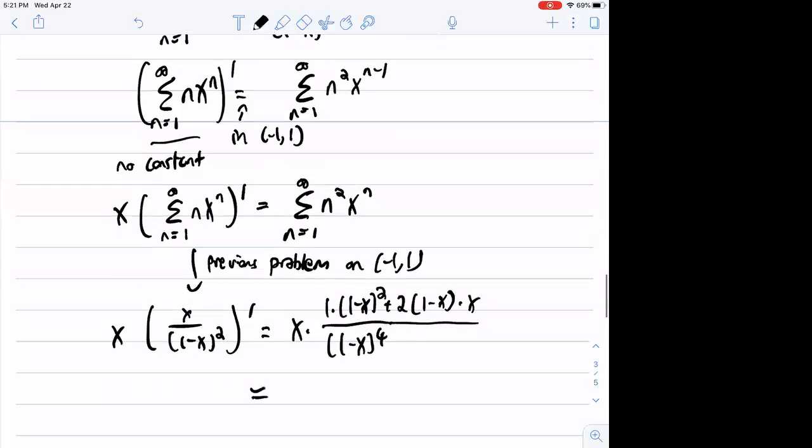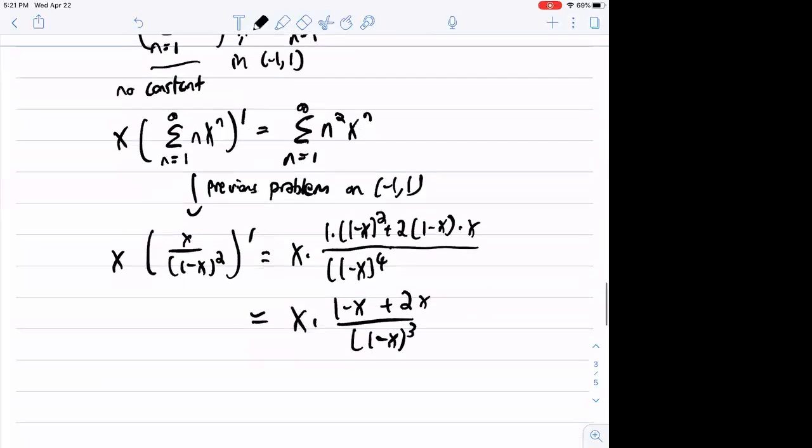Clearly I can get rid of 1 minus x on top and bottom to get plus 2x over cubed, and this is x times 1 plus x over, so you should get x plus x squared over, so this should be the answer.